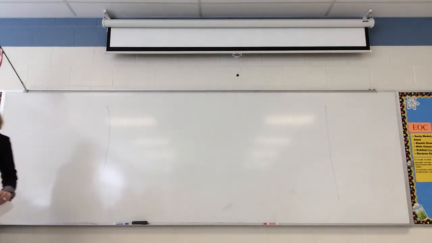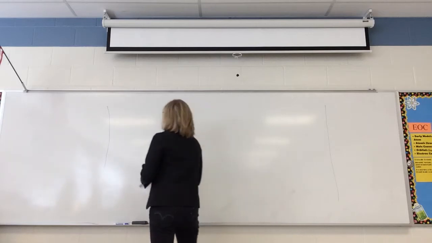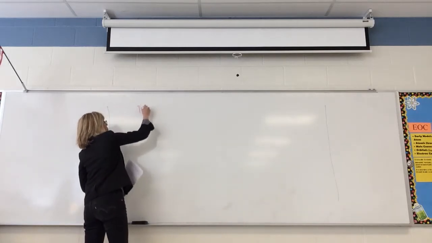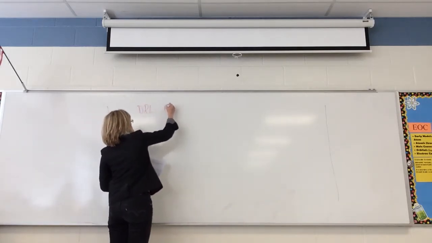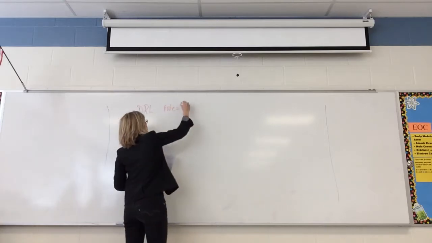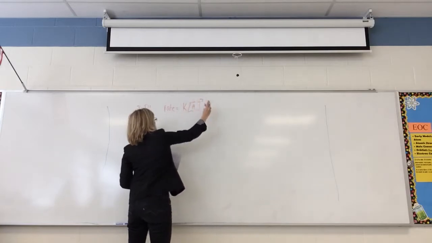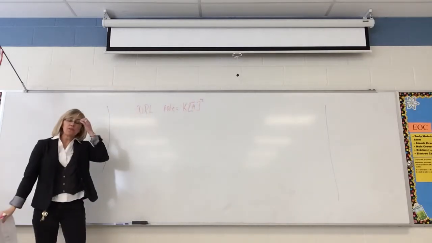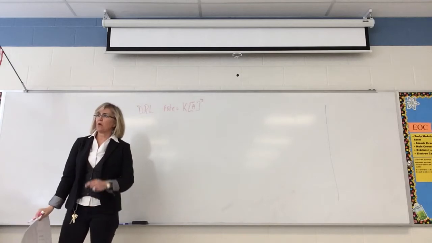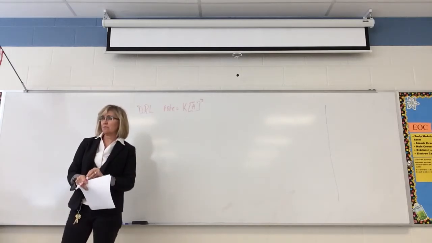So, a second order reaction. Let's look at the differential rate law, which is rate equals... And with these integrated, we're always just doing it with one reactant to make these easier.